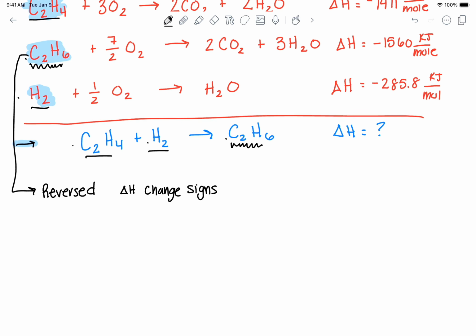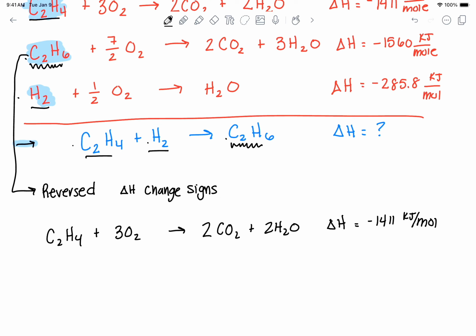So what is that going to look like? Well, we are going to have C2H4 plus 3O2 going to 2CO2 plus 2 H2Os, we're going to keep our delta H the same at negative 1411 kilojoules per mole.